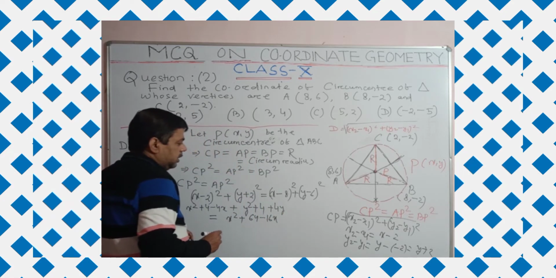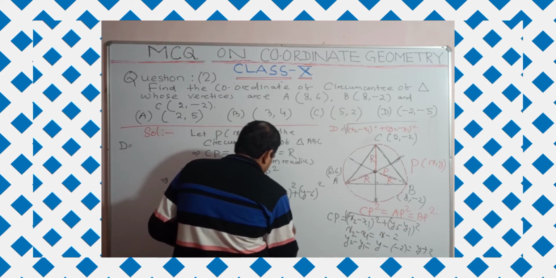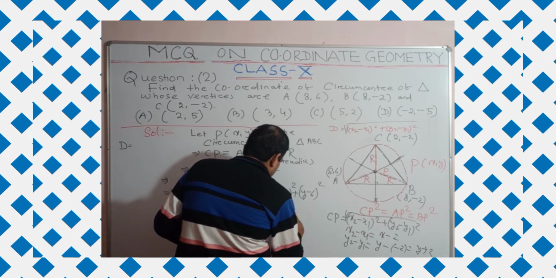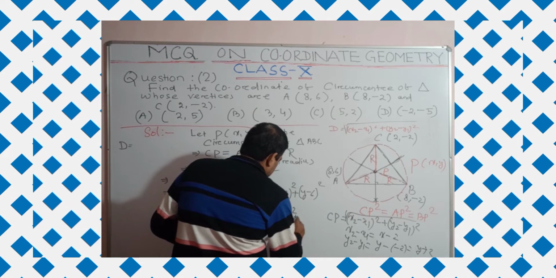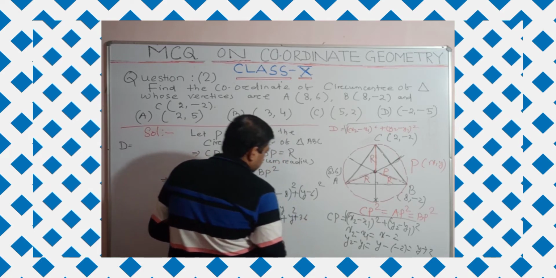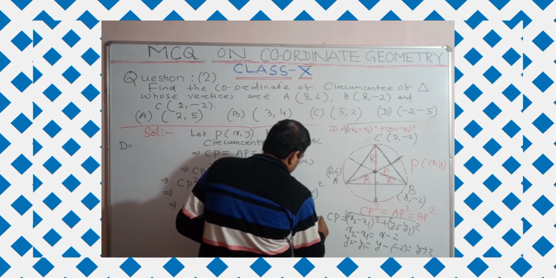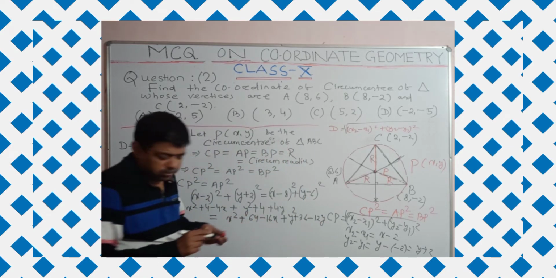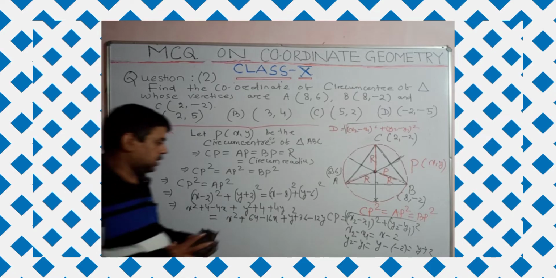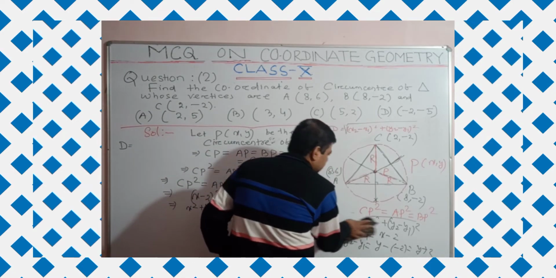All of you know the identity of a minus b whole square. In a similar manner, y square plus 36 minus 12y. Let me remove this one.